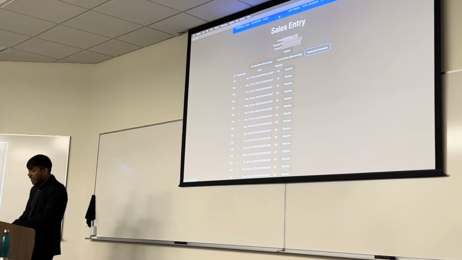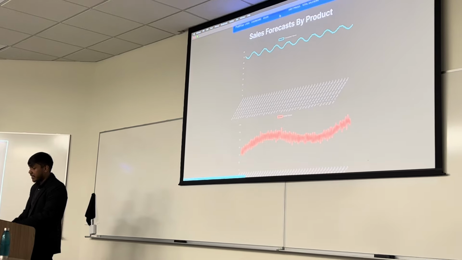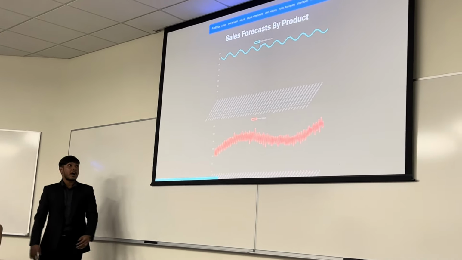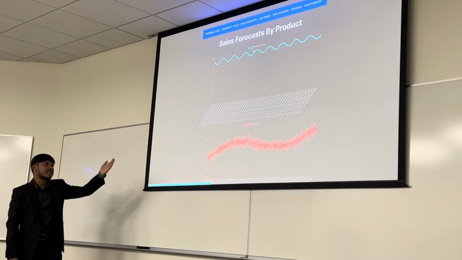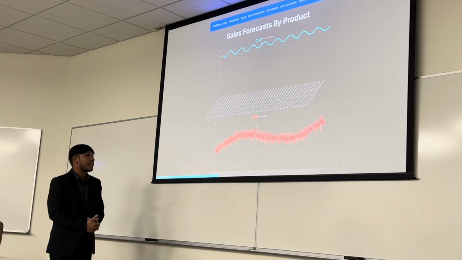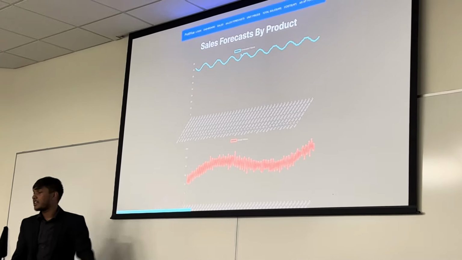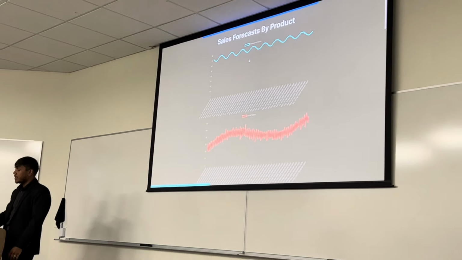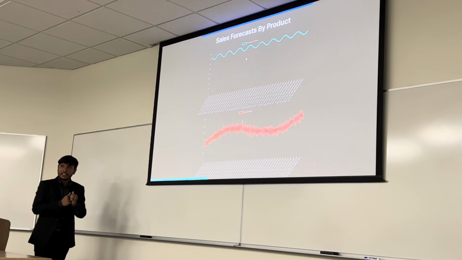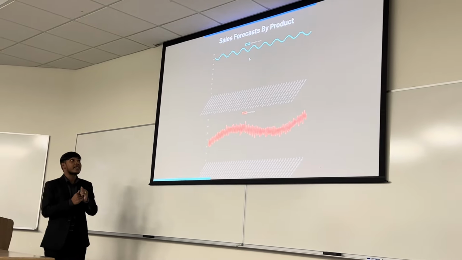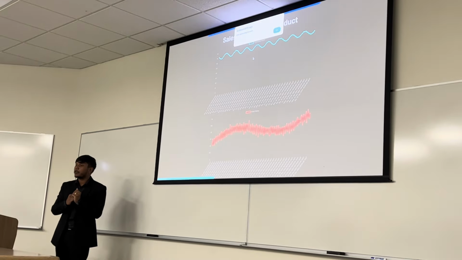So I can go to the sales forecast and see. You have a graph here with the forecasted values for the next 4 months and the actual values over time. I will demo later in the code how I think it is doing a pretty good job.